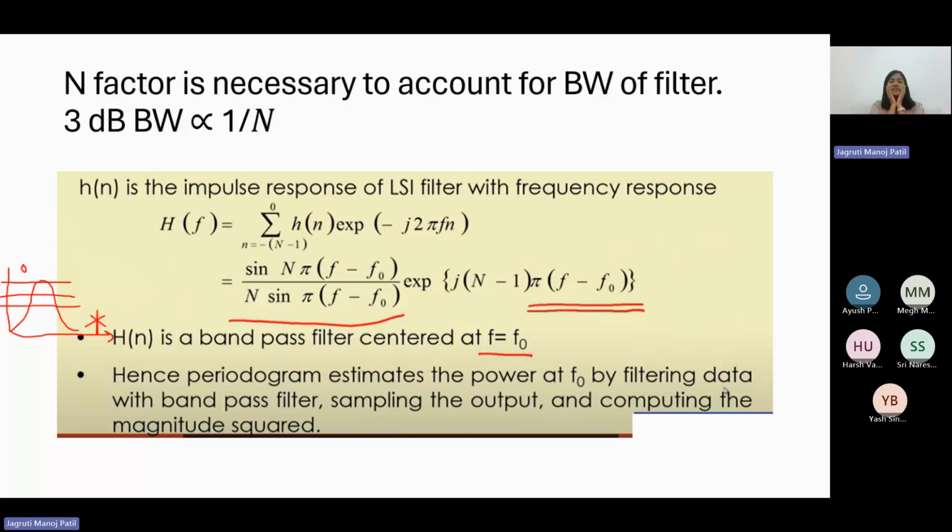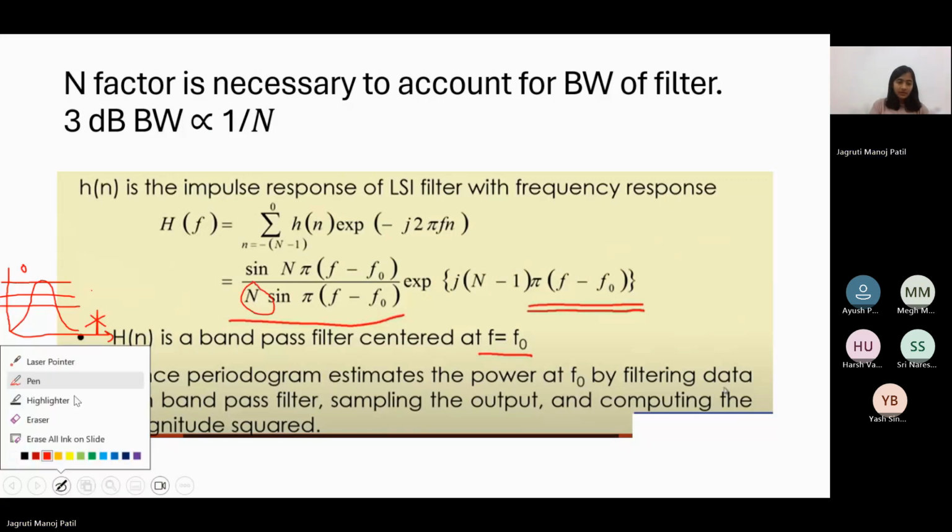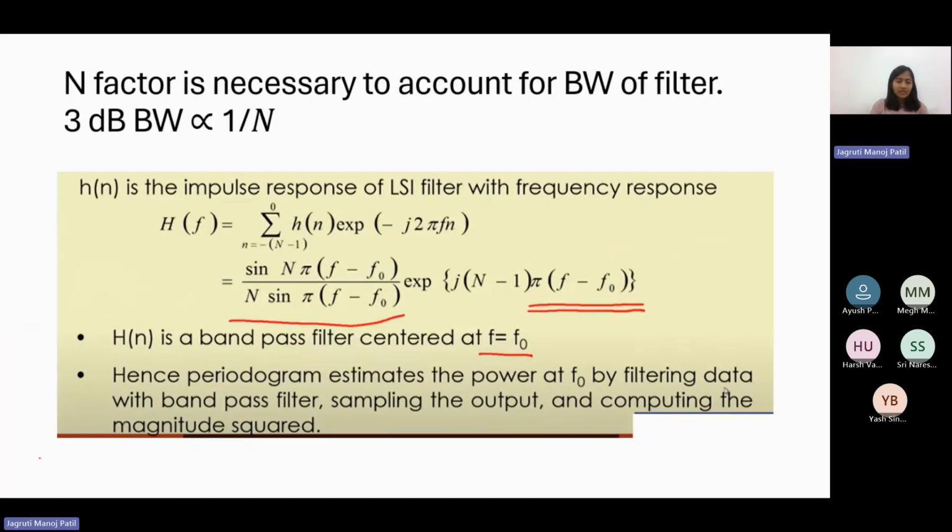So in signal processing, the frequency response or the bandwidth of the filter, we give it in different kinds of ways, like full width half maxima, half width full maxima. So here if they are taking a 3 dB bandwidth, they are saying that it's proportional to 1 by n. It's like this. So just have an idea about this context, that's it.